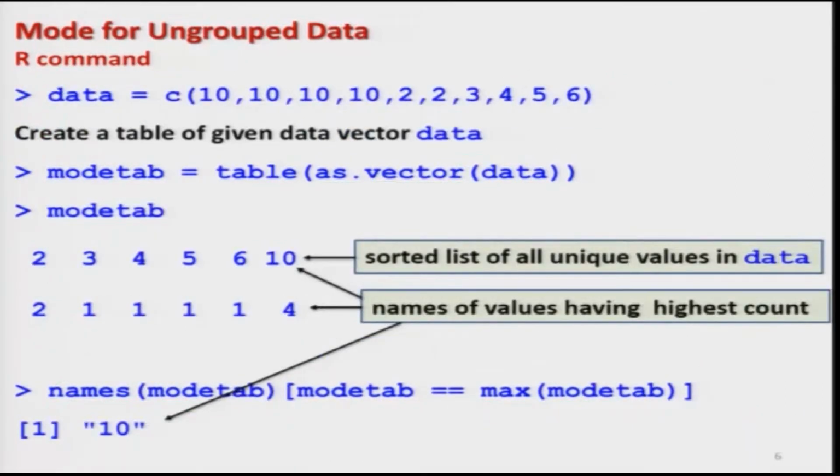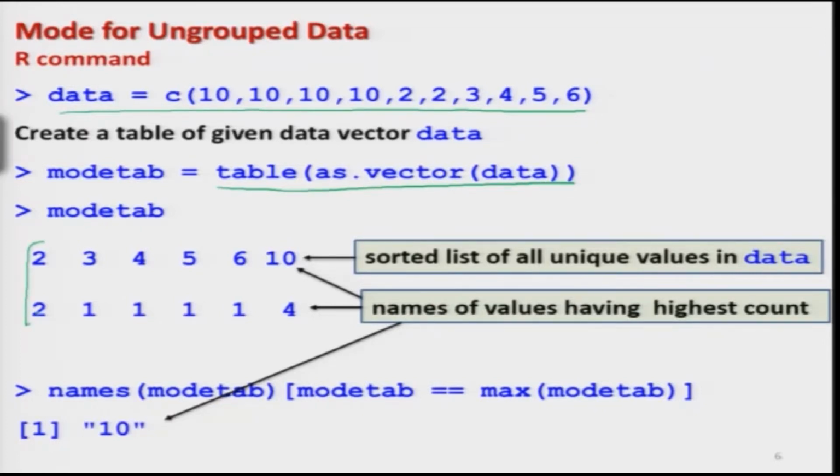So now suppose I simply take an example here and show you how these things are happening. I am taking a data like this inside the data vector, and from there I create the table of this data using the same command, and here is the outcome you can see.